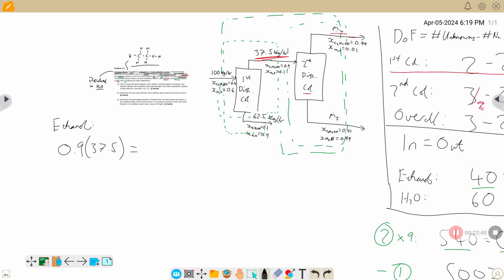What's coming out? Well, 99% of M4 is ethanol coming out, and 1% of M5 is ethanol. So we have this equation. Is it solvable? No, too many unknowns. Okay, let's move on.